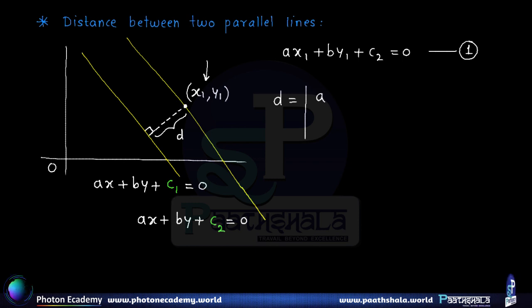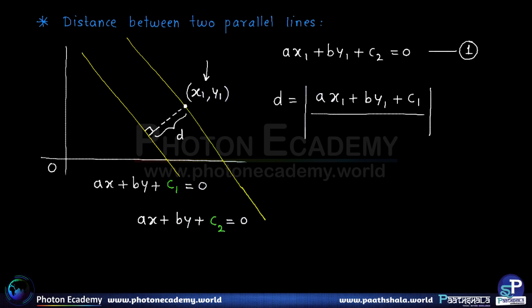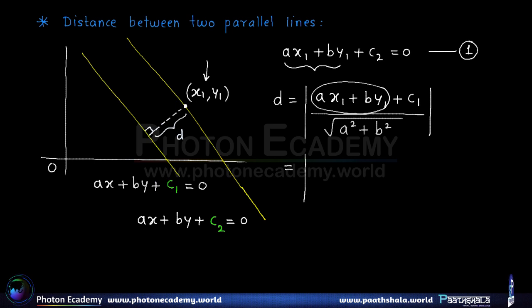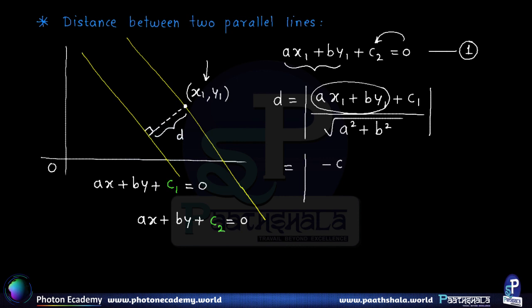So here we get ax1 plus by1 plus c1 divided by root of a square plus b square, correct? Now that is equal to, if you observe, this ax1 plus by1 can be replaced from the first equation by minus c2. So we can replace it as minus c2 plus c1 upon root of a square plus b square.